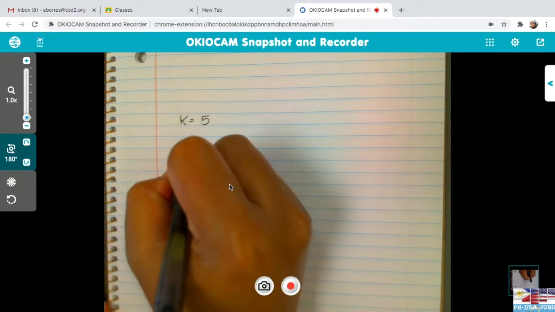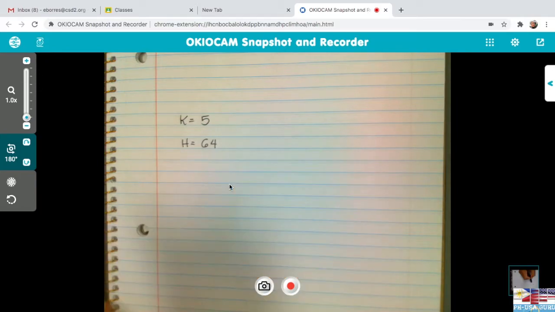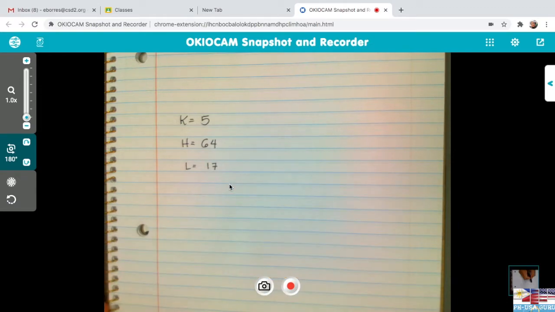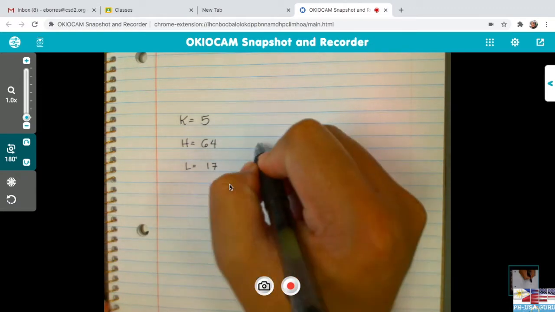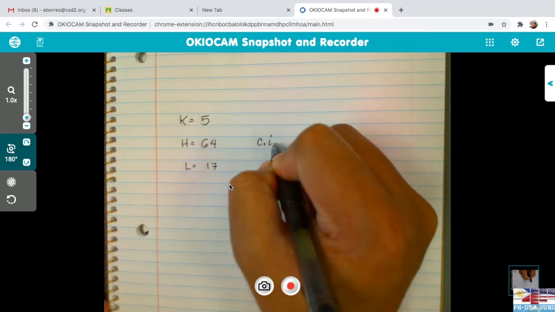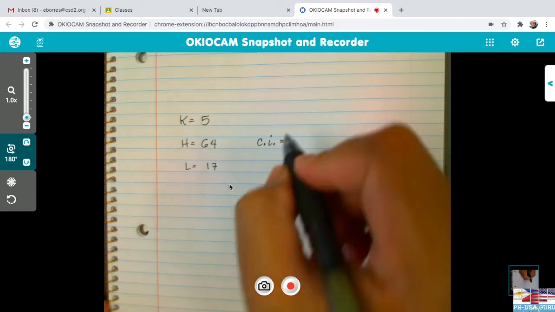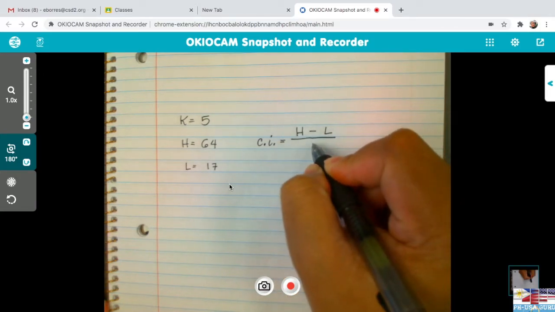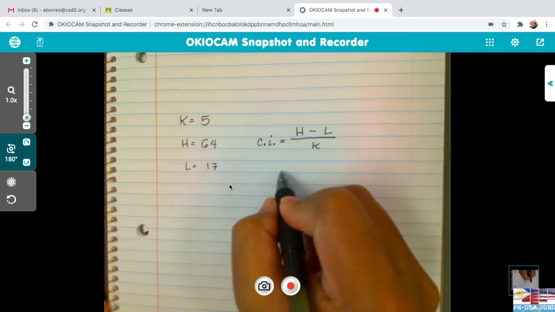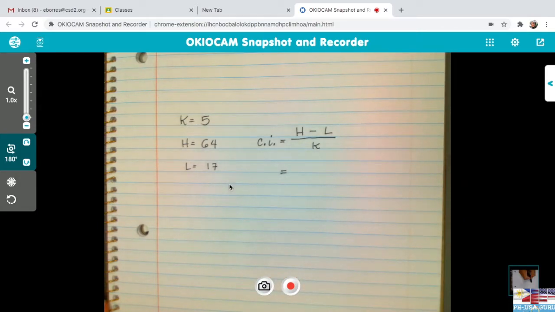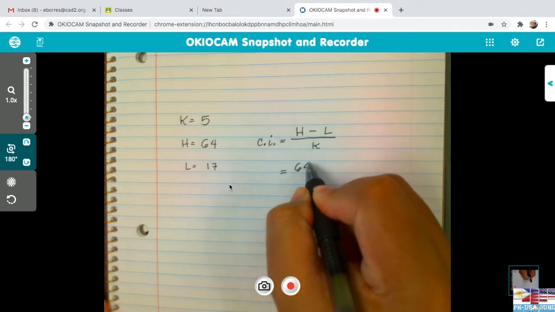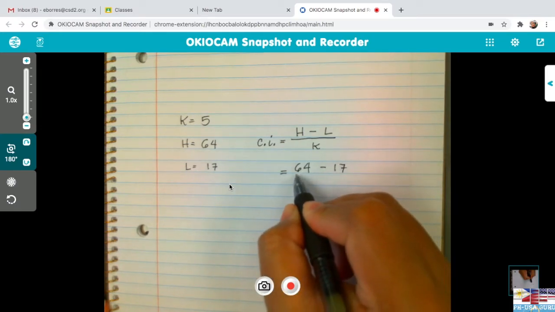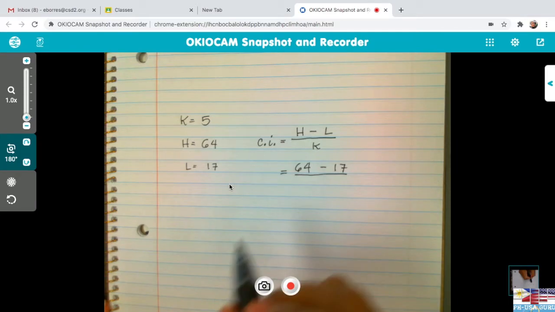The highest age is 64 and the lowest age is 17. So step number 2 is to find the class interval, which is equal to the highest age minus the lowest age divided by K. Let us plug in the values: 64 minus 17, divided by K, which is 5.